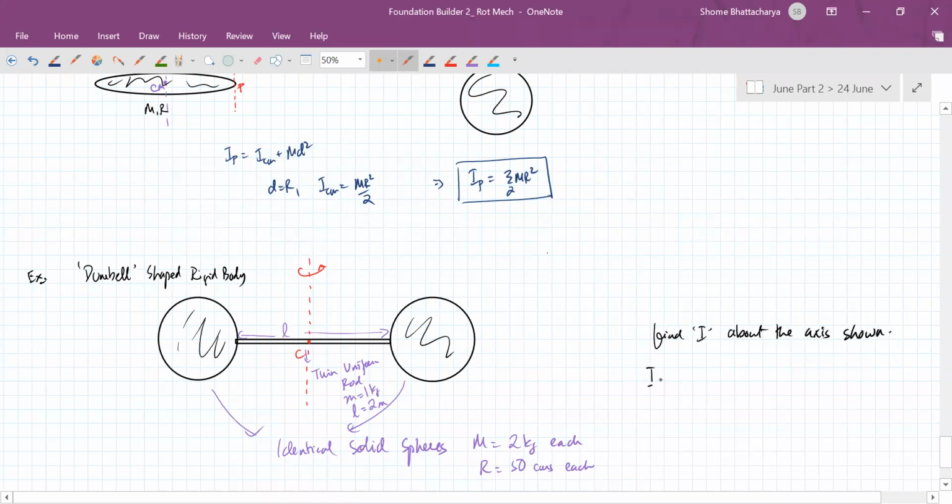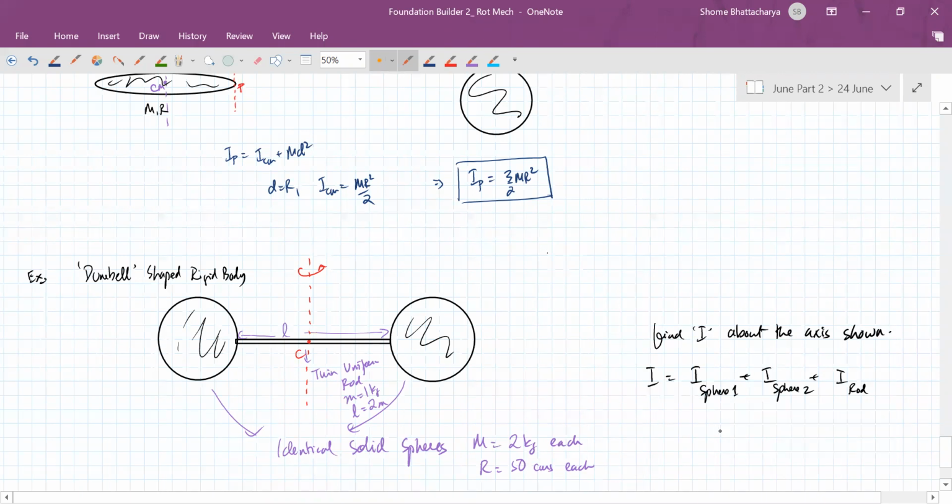So the moment of inertia will be the moment of inertia of sphere 1 plus the moment of inertia of sphere 2 plus the moment of inertia of the rod. You can divide the rigid body into 3 individual bodies.